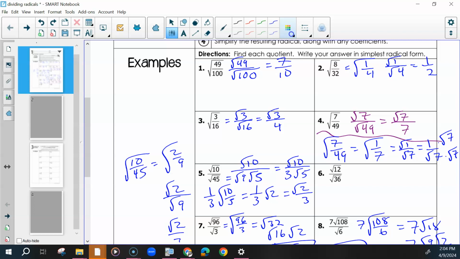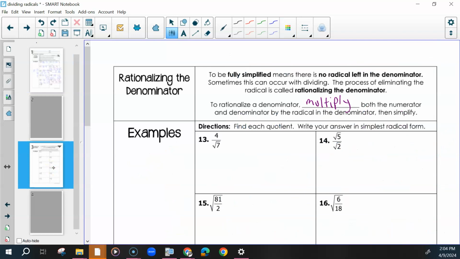And then that becomes the square root of 7 over the square root of 7 times 7, since they're both underneath radicals. And we know that is the square root of 49. And then we're back to this step right here. And then we just take the square root of 49, which is 7, and gives us the square root of 7 over 7.